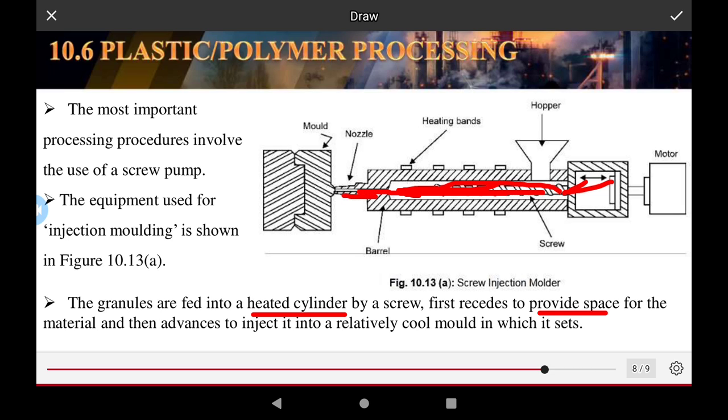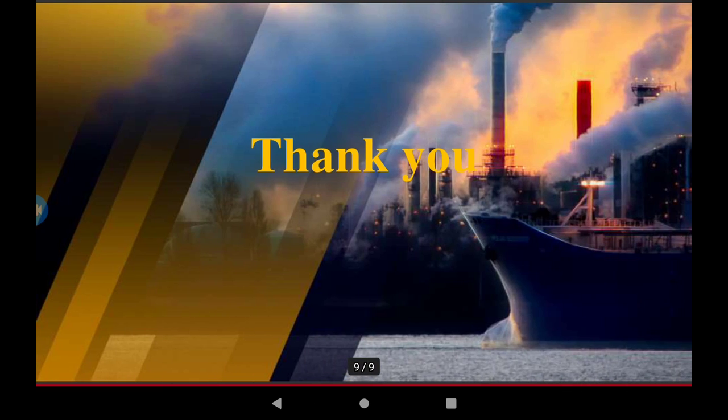It enters the mold cavity, pouring to fill the product. Then after the product solidifies, it is taken out of the mold cavity. This is the final product after solidification, and further fabrication operations are applied so the product is very smooth and useful. Thank you so much.